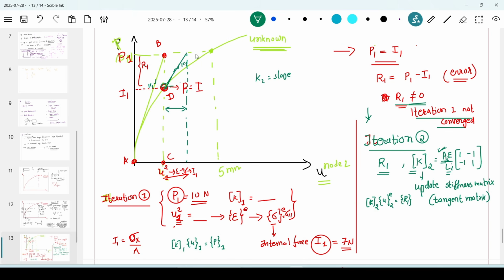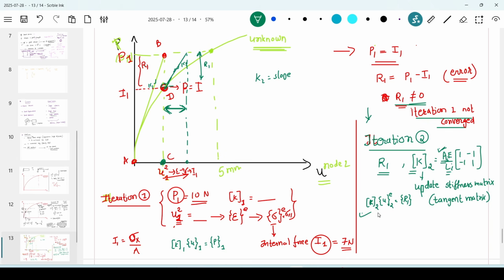If we take R1, we can find this value. If you take P1, it is again a different thing. So we have to take R1. This point we have already got. Now we need to find this point. So this much I have to find, which will come from R1 and K2. Hope this is clear. I'm assuming it is clear to everyone.